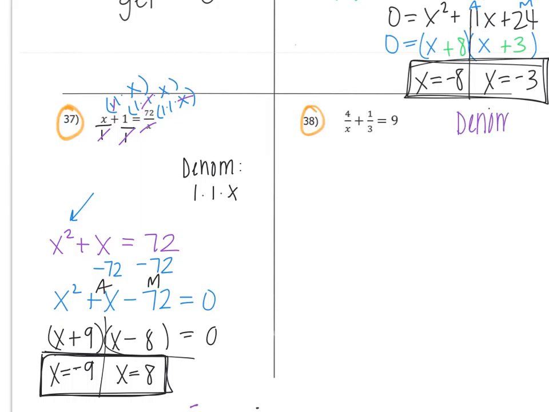Start by finding your denominator. Process always starts the same, no matter what. While you work through number 38, I'm going to work through it on my paper silently. I'm going to cancel out denominators. I'm going to write whatever's left over. I'm going to solve for x. If there's an x squared, I'm going to get it equal to 0, so on and so forth.